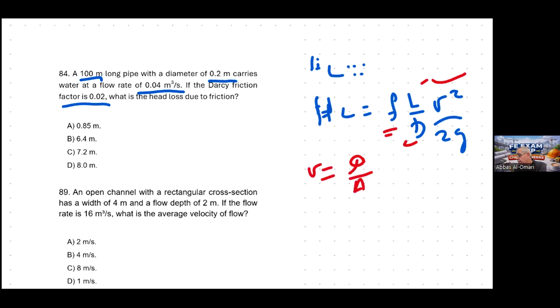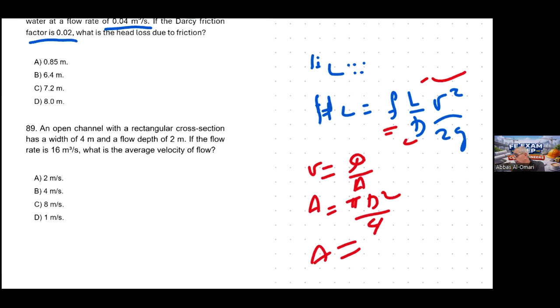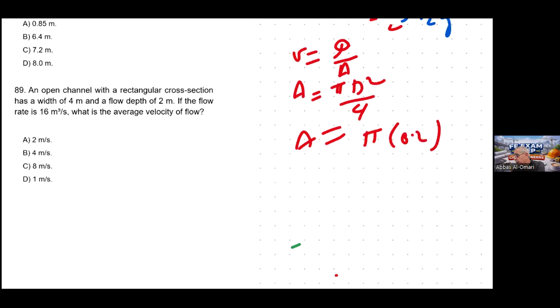The area equals pi D square over 4, so the area equals pi times the diameter, 0.2, square over 4. So the area equals 0.031 meter square.